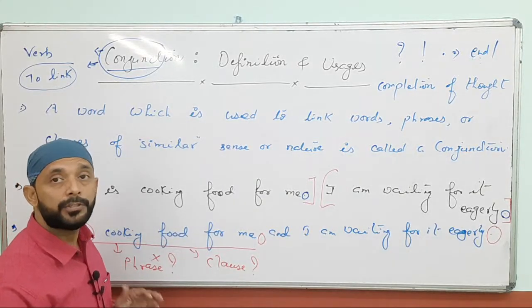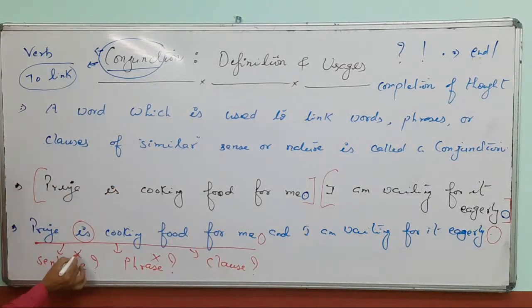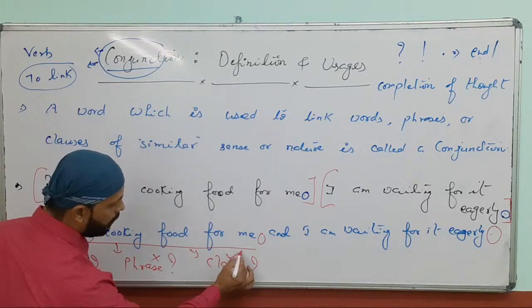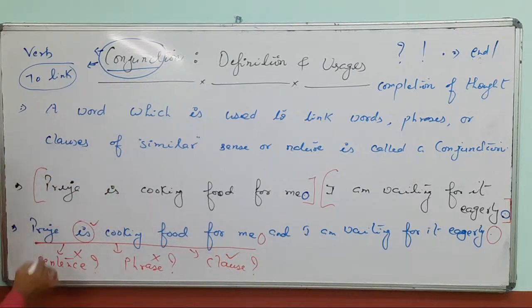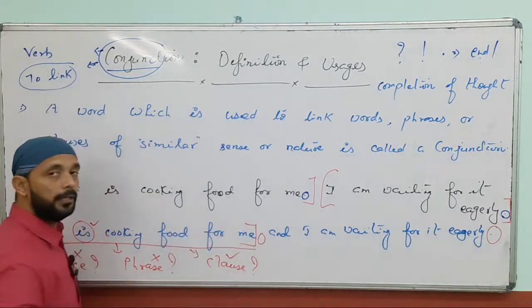It means there is no completion of thought. So it is not a sentence. And if the group of words has a verb and gives incomplete sense, it is a clause. So in that way, Priya is cooking food for me, here in this sentence, is a clause.